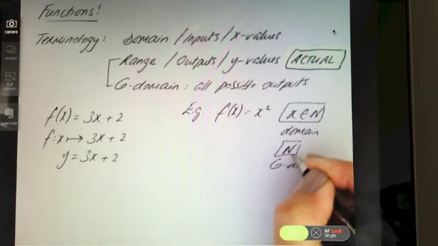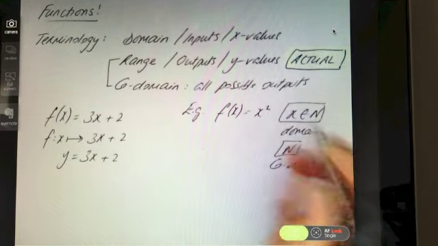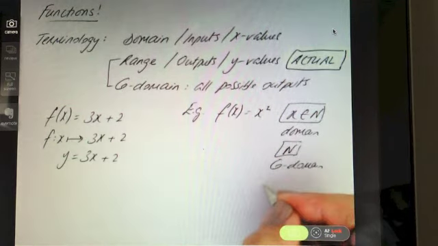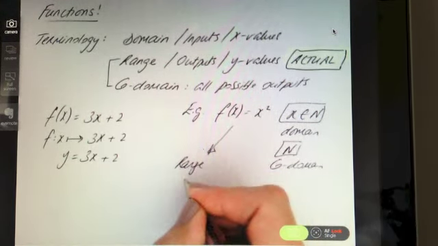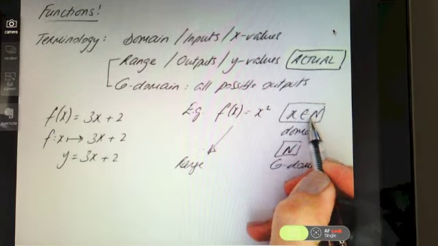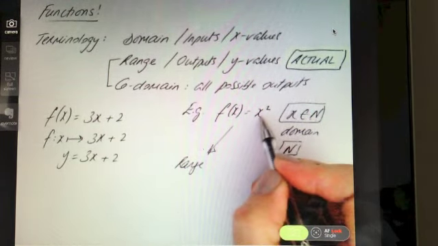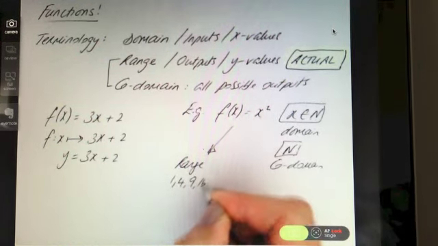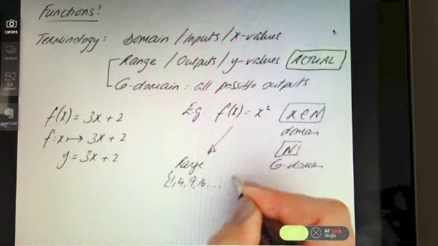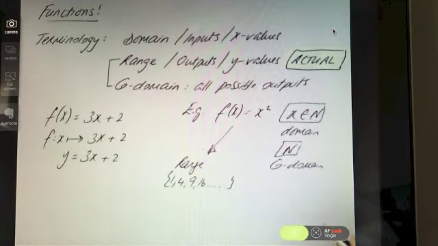They're all the possible outputs. But the actual outputs, in other words the actual range, will be, if you're taking the positive whole numbers, starting 1, 2, 3, 4, inputting them into here, you're going to get 1, 4, 9, 16, and so on, as the actual range that we're talking about.